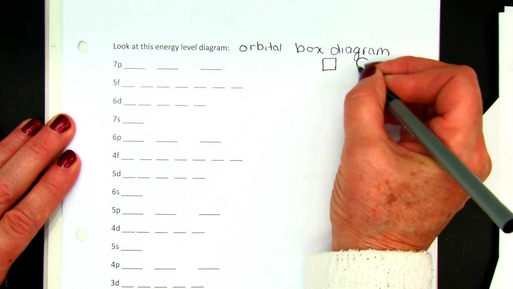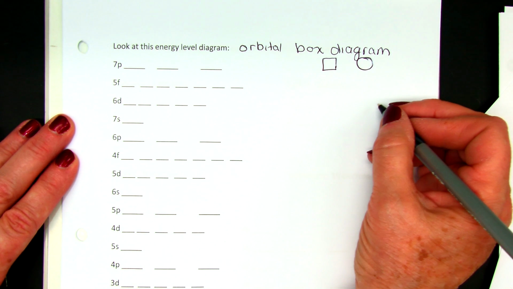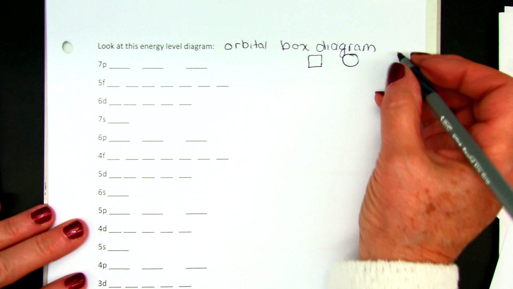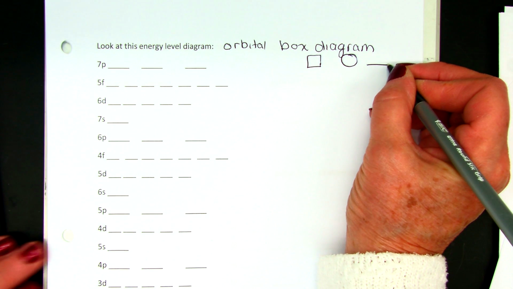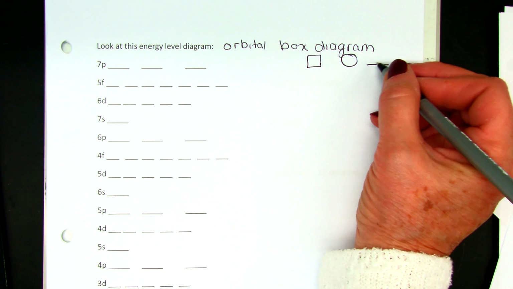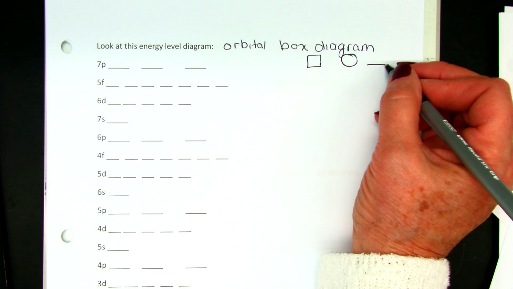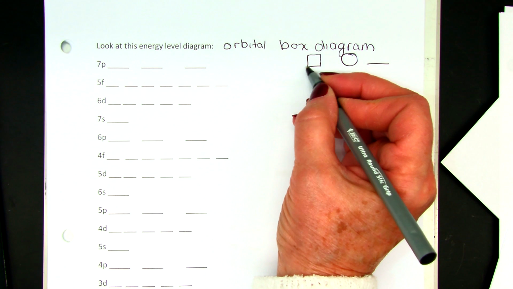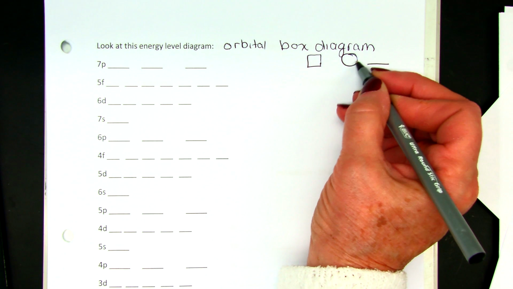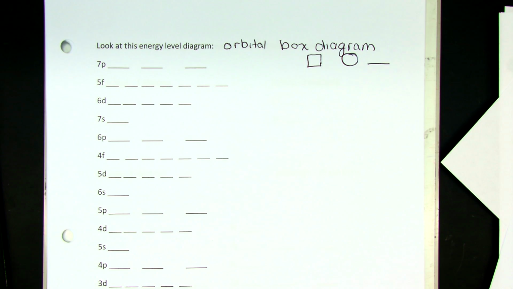Sometimes you'll see a circle representing the orbital. When I'm doing it, you will see a line representing the orbital because it's easier to draw a line with one pen stroke than a four pen stroke box or a continuous pen stroke circle. So it's just out of laziness that I use a line instead of a box.